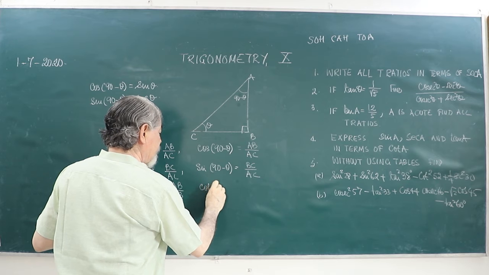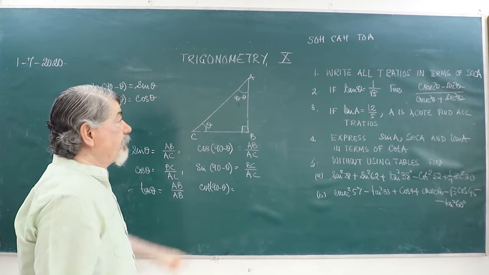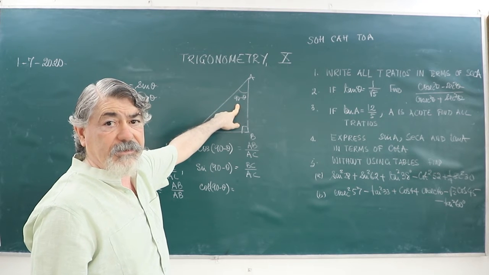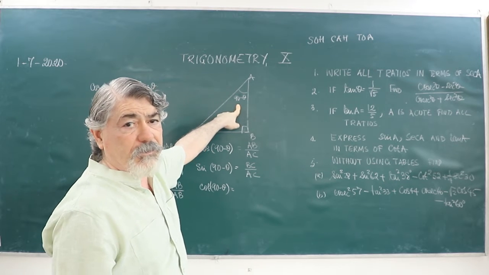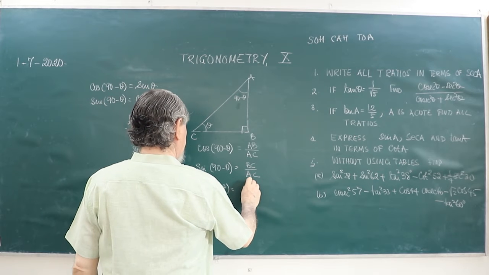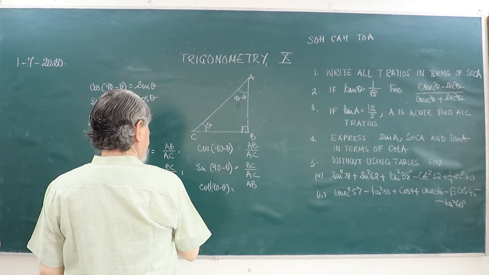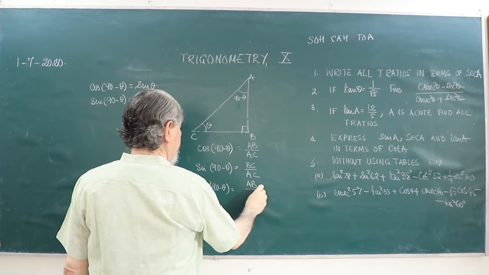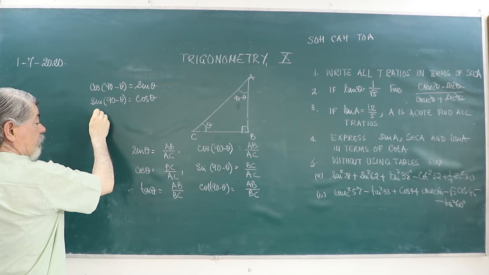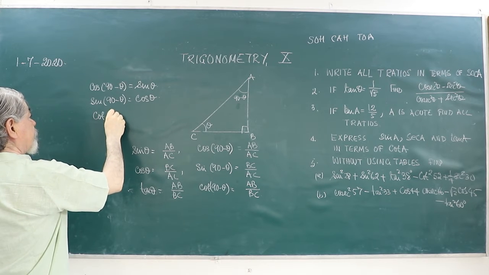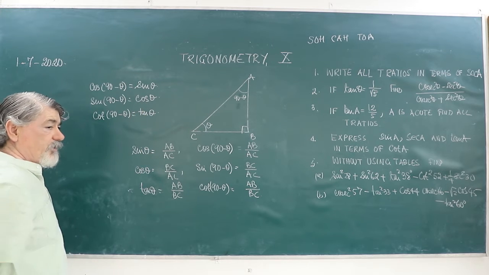Here cot 90 minus theta: 90 minus theta is the reference angle. Cot 90 minus theta means base upon perpendicular. So base is AB, perpendicular is BC. So AB upon BC. So you will see cot 90 minus theta is tan theta, or tan 90 minus theta will be cot theta.